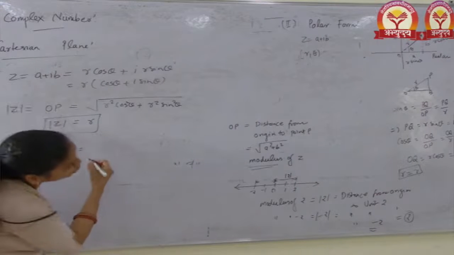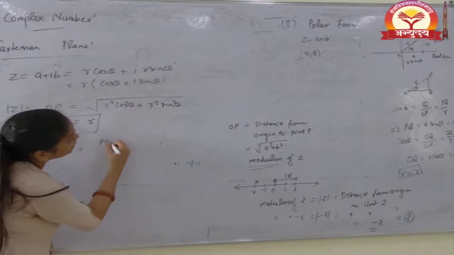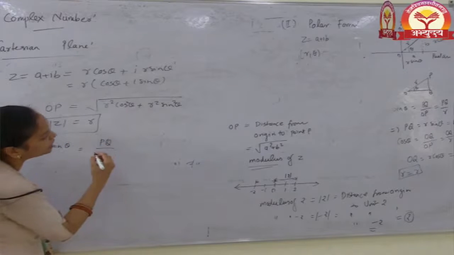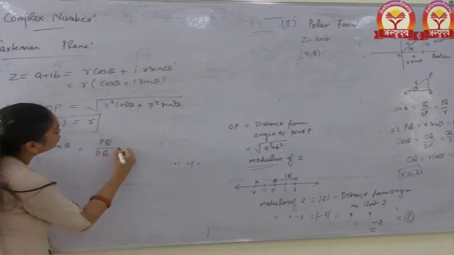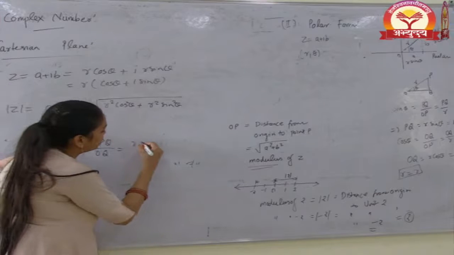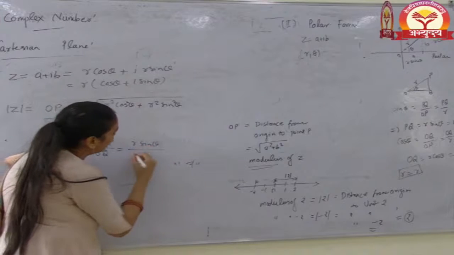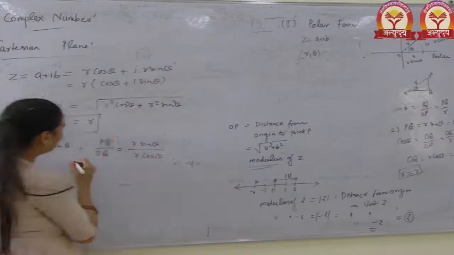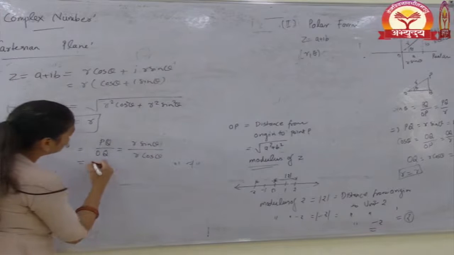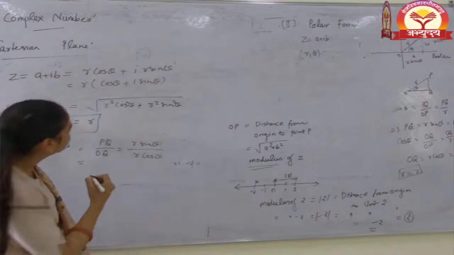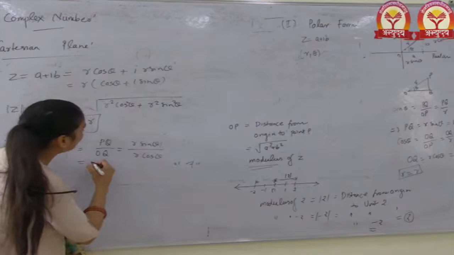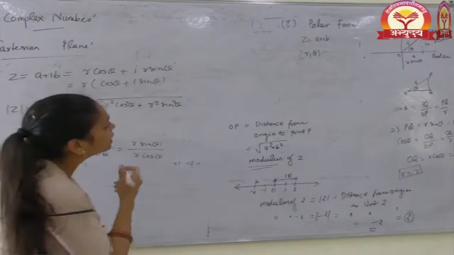Tan theta is equal to PQ upon OQ, and PQ value is R sin theta, OQ is R cos theta.